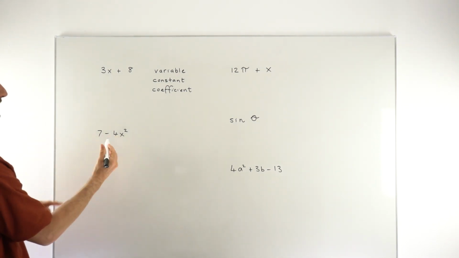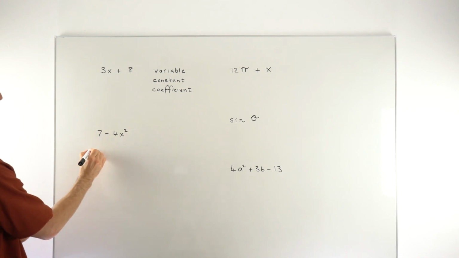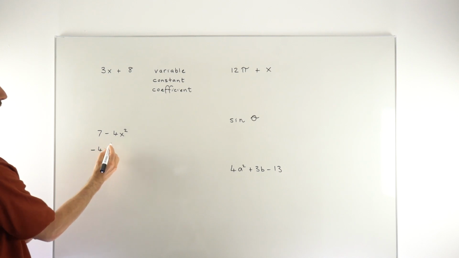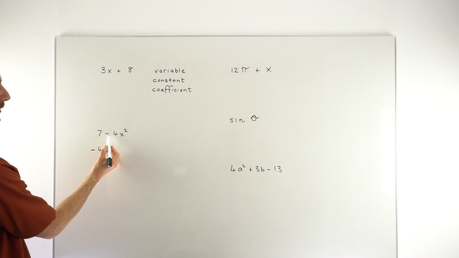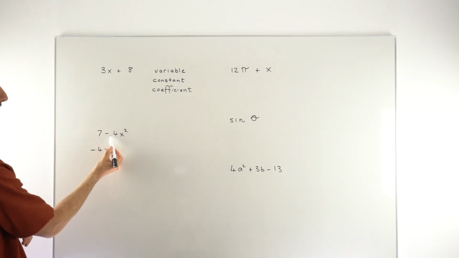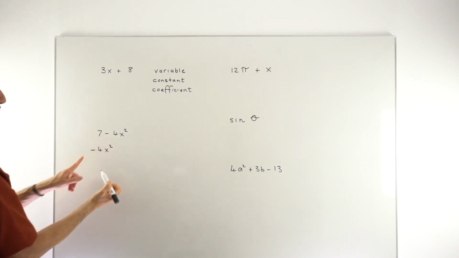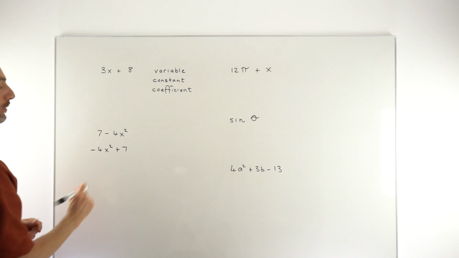Well, if we did put the number term, the 7, on the end, our expression would have to look like this. It would be minus 4x squared, because remember, this is not a 4, this is a minus 4. So that's really important. The sign, the plus or the minus, is important. This minus 4 is a coefficient of the x squared, so that has to go like that. The 7 is a positive, so that would be plus 7.